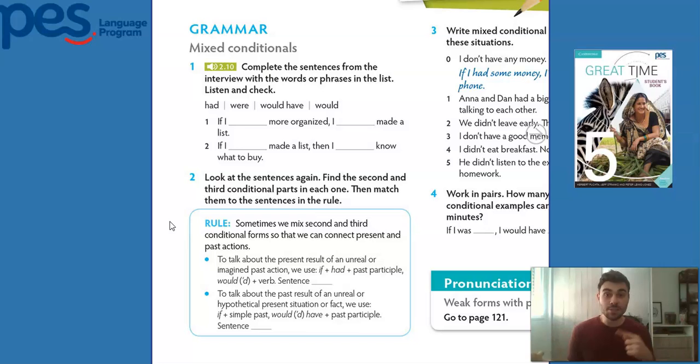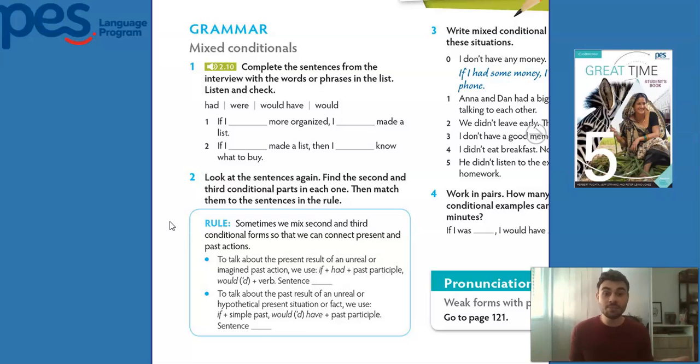Which sentence, number 1 or 2, fulfills the same idea, okay? That's on you. And the second concept of this rule says to talk about the past result of an unreal or hypothetical present situation or fact, we use if plus simple past, would, or apostrophe D, have, plus past participle.